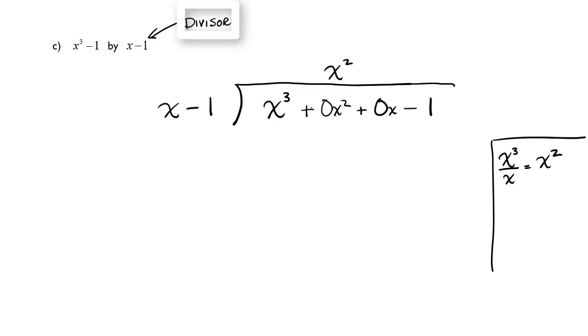Multiply the quotient term to the first two terms of the divisor, which gives me x to the third minus x squared. Change the signs. Add the terms together. Drop the next term down, even if it is a plus 0x. And then do the whole process over again.